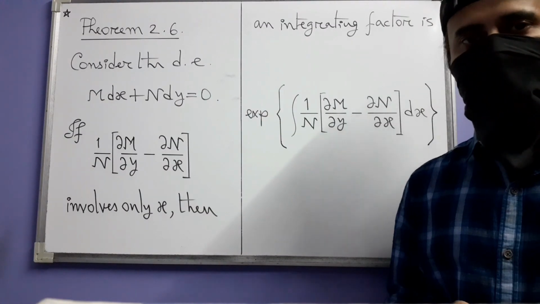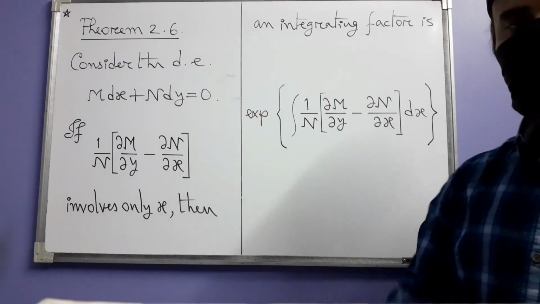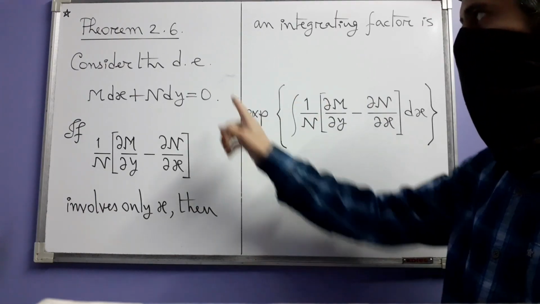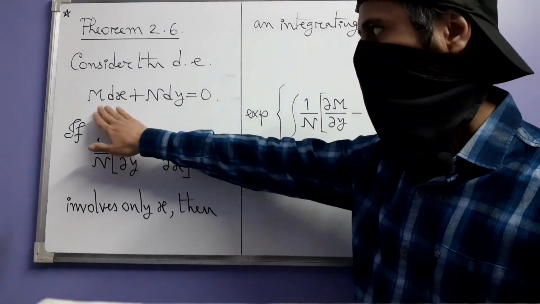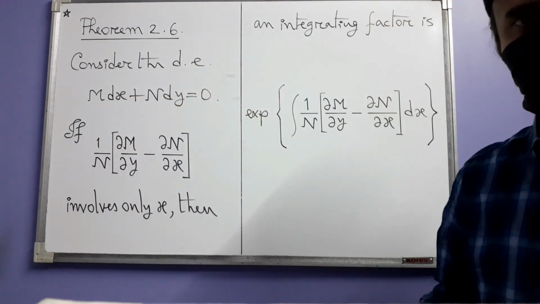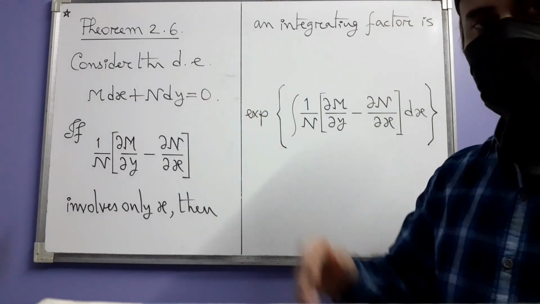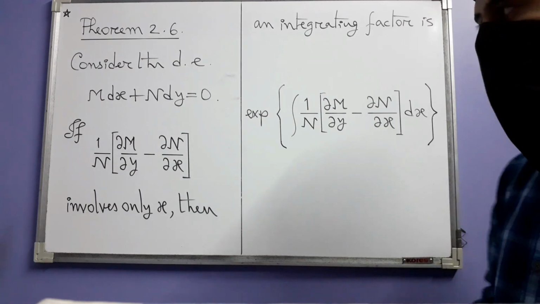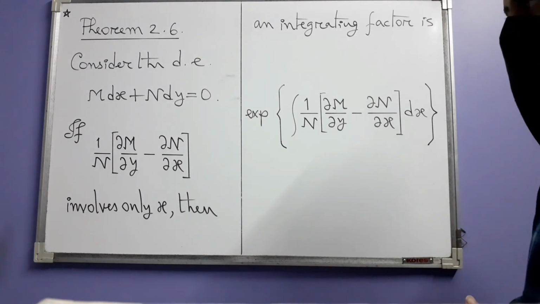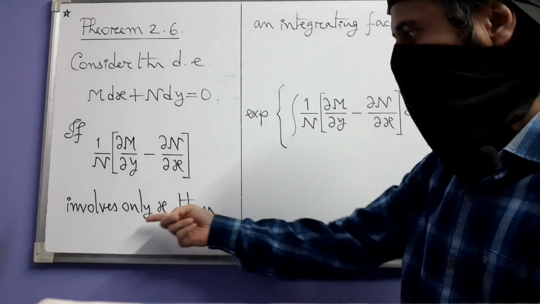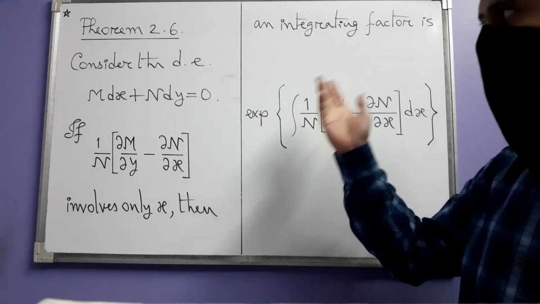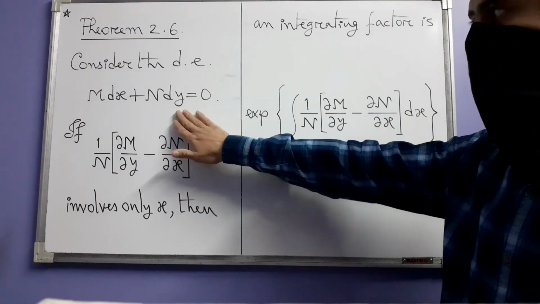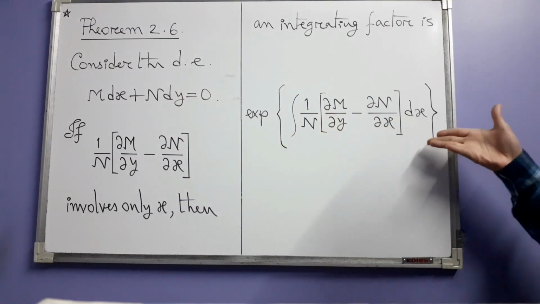So we can summarize our discussion in the form of this theorem. Consider this differential equation. I have written it briefly, m dx plus n dy equal to 0. You already understand that m and n are both functions of x and y. All those things are there in the background. If this involves only x, then an integrating factor for this equation is this.